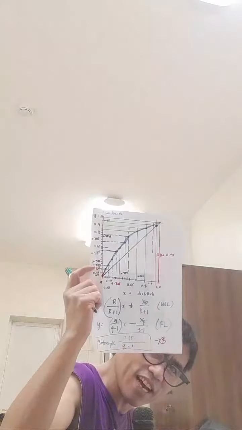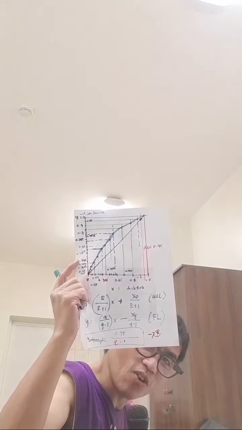And then this plot here, sir, I put 0.27. Let's connect that to the XD. Okay, connect. And let's make this a broken line, ha? Okay, broken line. So that it's easy for us to detect. Okay.